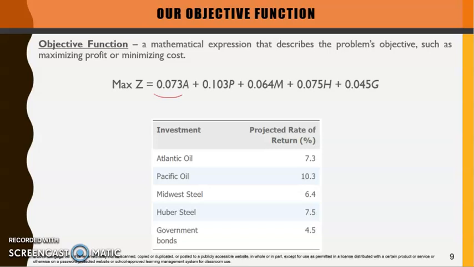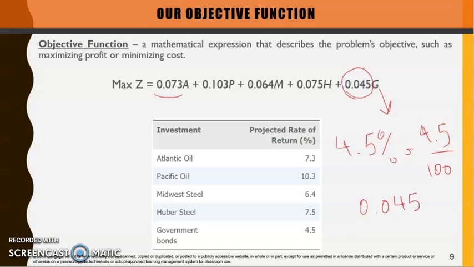For the government bonds, the dollars invested is G times the return, and since it is 4.5%, it would be 4.5 over 100. That is something like this. Feel free to ask if you have any question regarding the math, or for example these decimals you see.